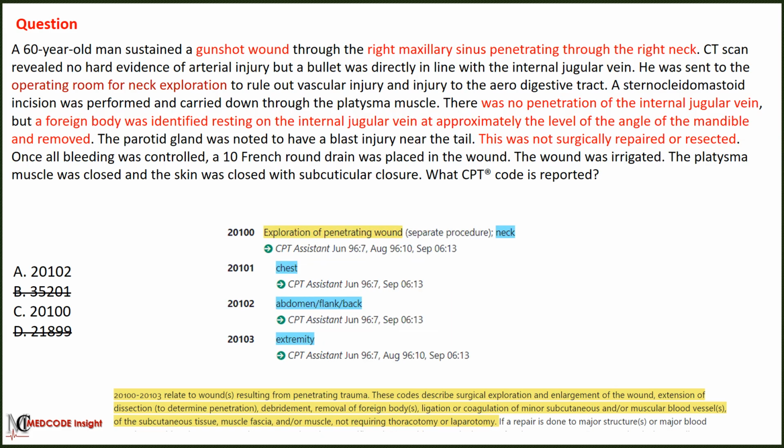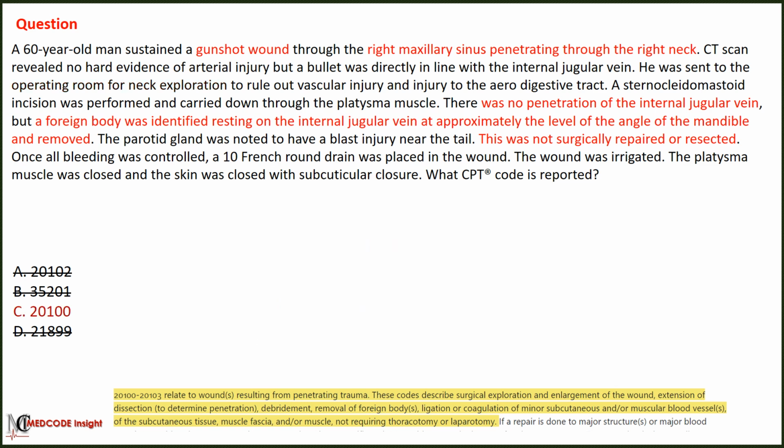Wound exploration codes are based on location. We will also eliminate option A with the code 20,102, which is used for the exploration of penetrating wound of the abdomen, flank, or back. Our correct option is option C with the code 20,100, which is used for the exploration of penetrating wound of the neck.